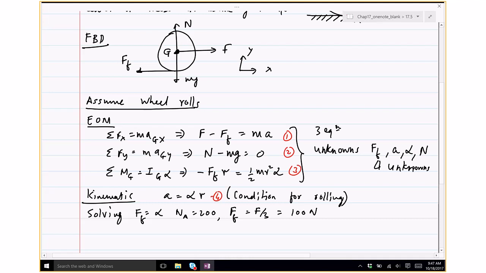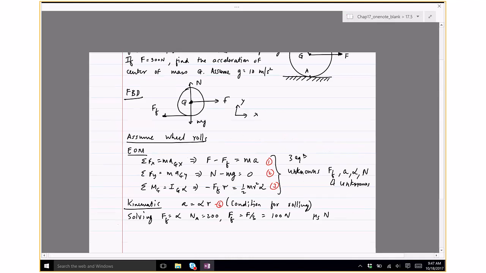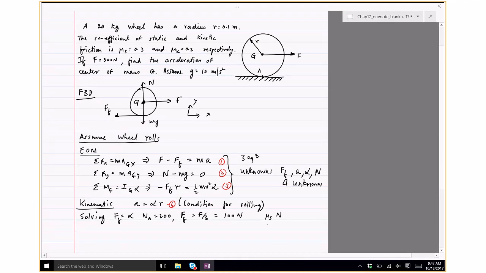So Ff is 100 newtons, and if you try to find mu_s times N, mu_s is 0.3 times N, which is 10 times 20, so 200, which is, I think it's 66.7. You know what that comes out to be? It's 60.